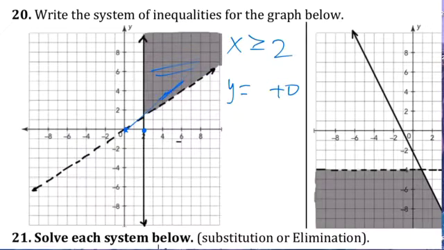And this one is on top, so it's greater than, not less than, greater than. The equal to sign shouldn't be there. Two over 3.